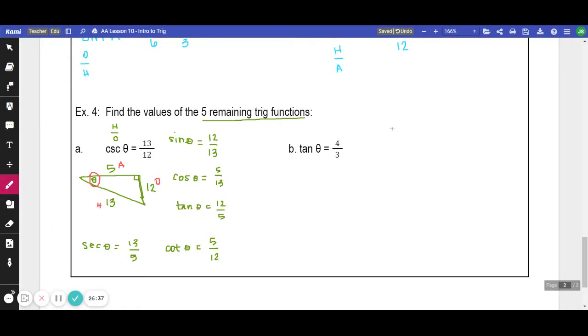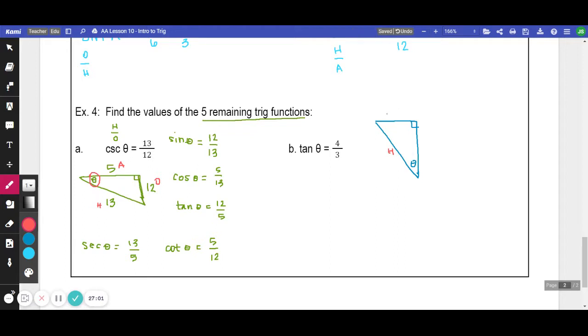Okay, so one last one. Let's draw my triangle this way, because it doesn't matter. There's my right angle. You need to pick an angle to be theta. Pick wherever you want. Let's do this bottom one. And let's label our sides. So if this is my angle, this is the hypotenuse.